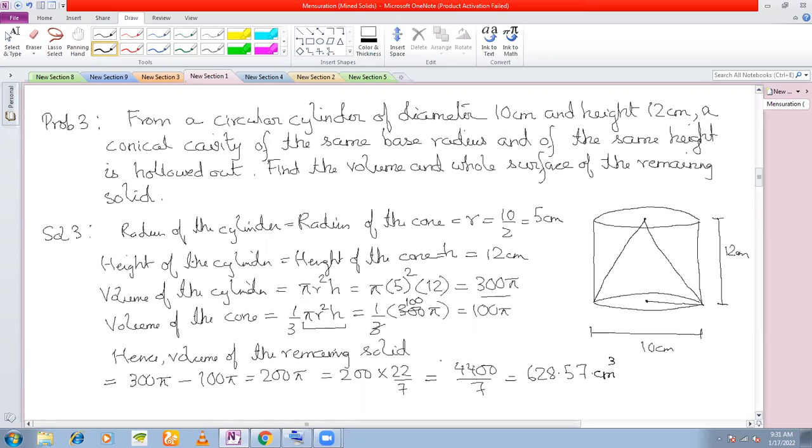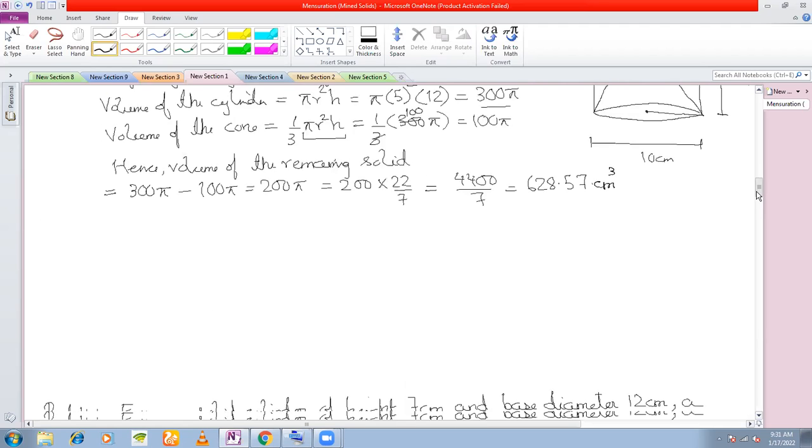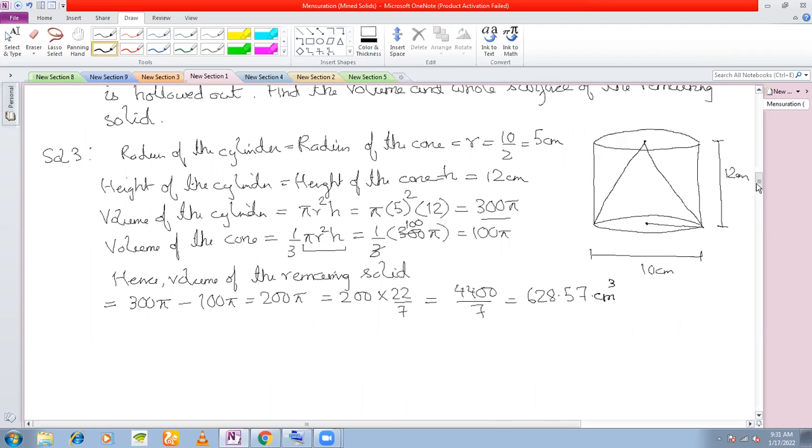And inside, when you're looking, the inside part is only the curved surface area of the cone. And what about outside? Outside you have the curved surface area of the cylinder. Also you have the top circular part. So we are going to find out the area of each of these parts separately.